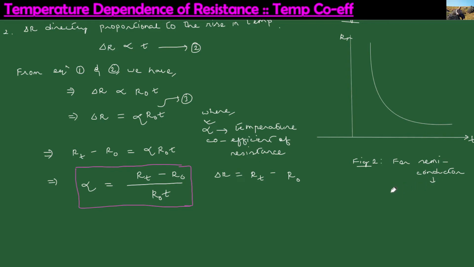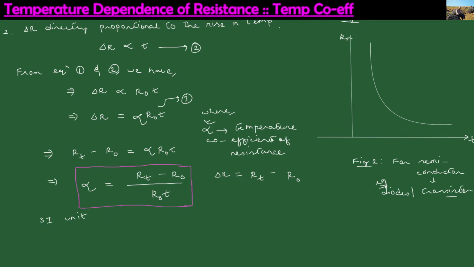When I talk about semiconductors, I'm stressing examples such as diodes and devices such as a transistor. All these are examples of semiconductor devices. And from here, we should also learn about the SI unit. So what is the SI unit of this alpha?